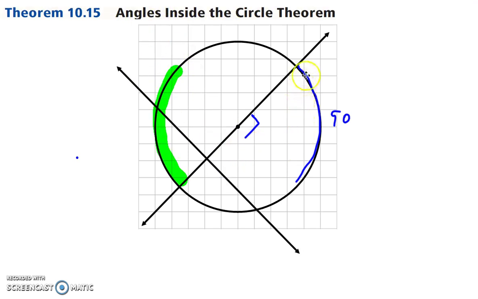As this got bigger, that got smaller by the same amount. So this one got bigger, this one got smaller. If you average these two out, they're still 90. So this side plus that side divided by 2 is still 90.